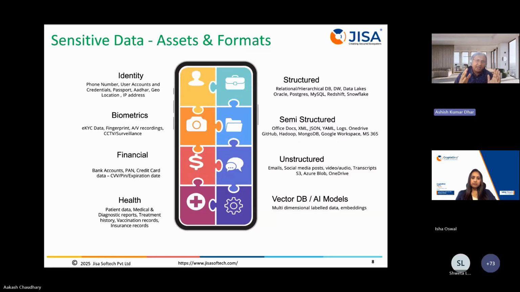If you understand, PII is personally identifiable information. PCI is related to our financial information related to cards and associated banking industry related sensitive information, and PHI is my healthcare information.